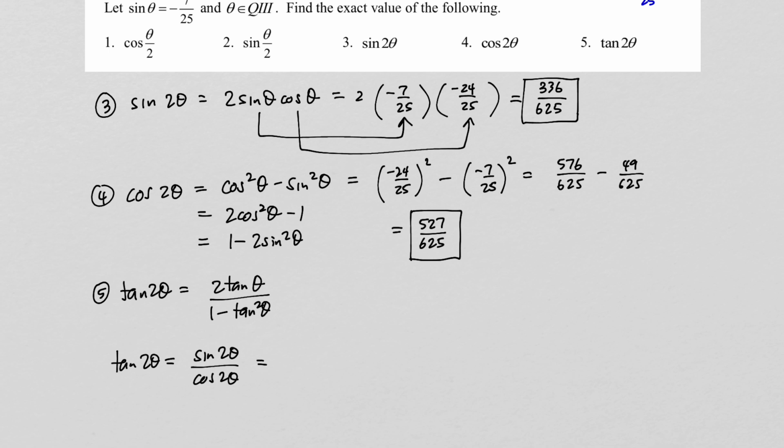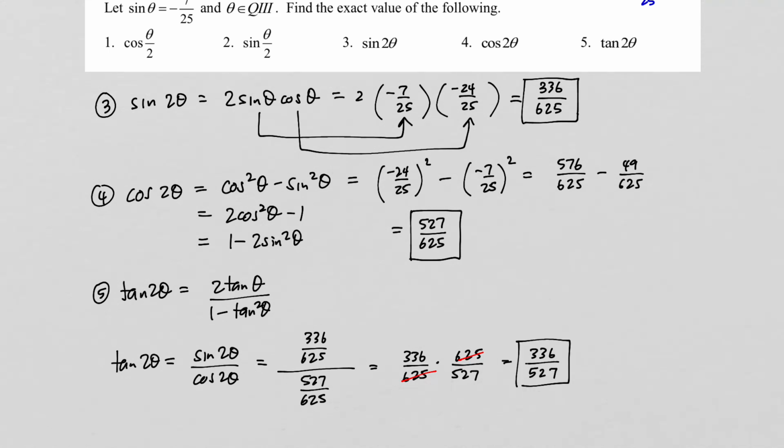And we know that sine of 2 theta is 336 over 625 divided by cosine of 2 theta is 527 over 625. And when we invert and multiply by that fraction in the denominator there, the 625 cancels out, and we end up with 336 divided by 527.